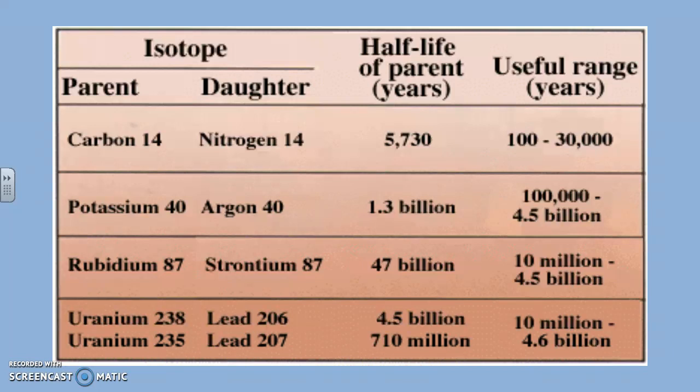So what that means is, in a rock layer, every 5,730 years, half of the carbon-14 from that rock breaks down. And so it'll break down every 5,730 years, another half will break down, and then another half. And so it goes from a half to a quarter to an eighth.